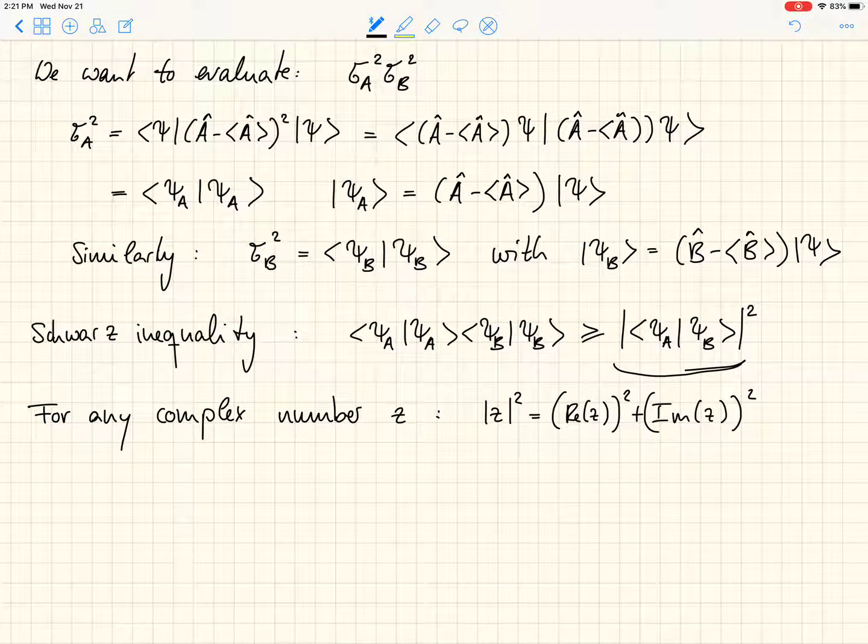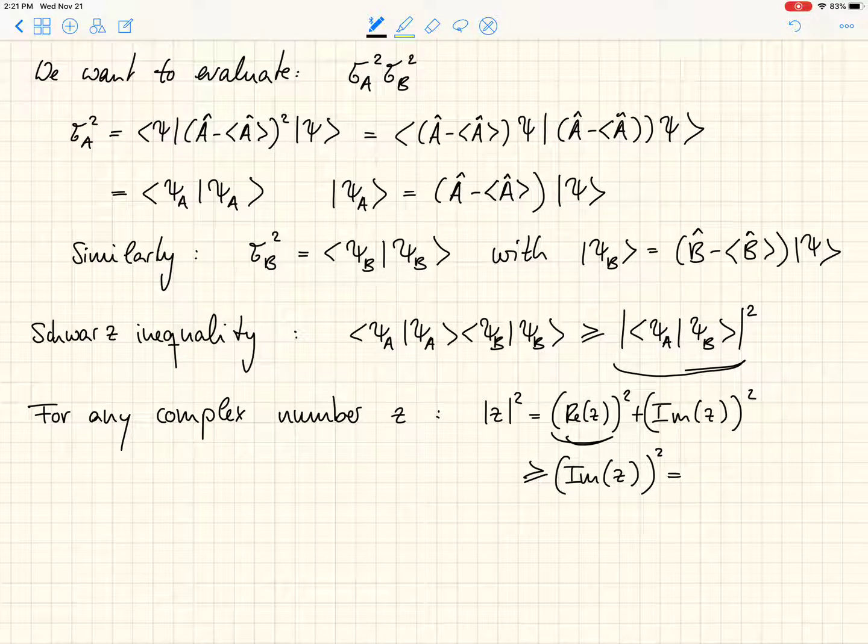Both of these are positive numbers, and so I can say safely that this is larger or equal to the imaginary part of z squared.